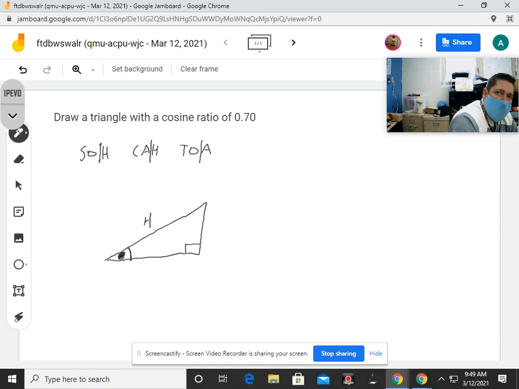We're working off this angle. Across from it is opposite. Beside it is adjacent. So since we're dealing with cosine, we want a ratio comparing the adjacent to the hypotenuse of 0.7.